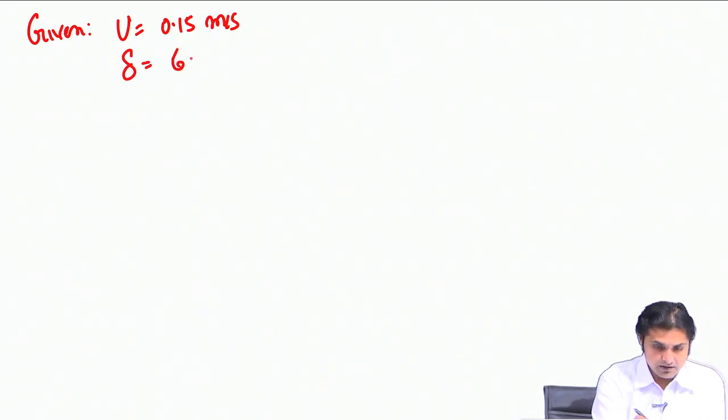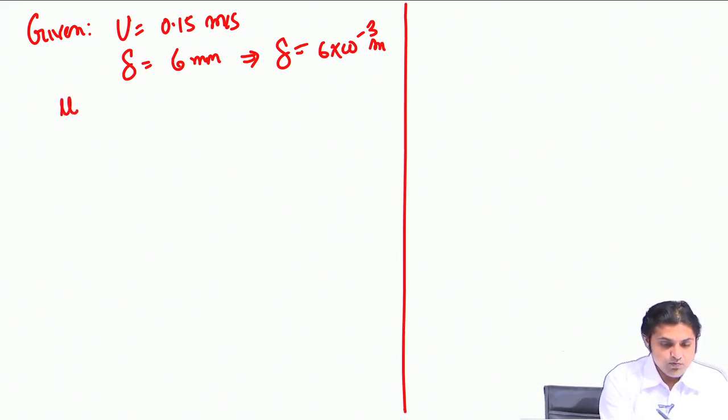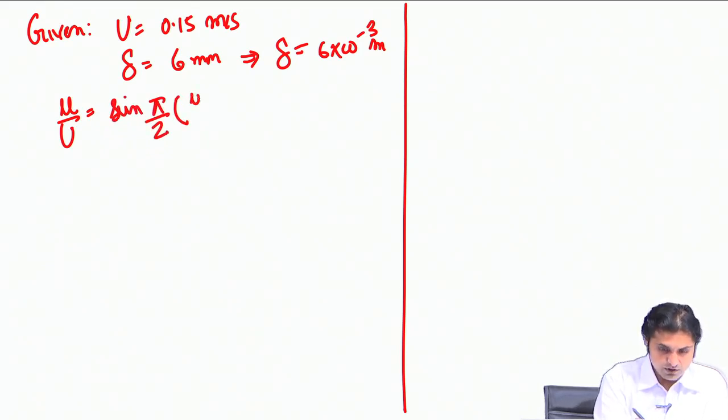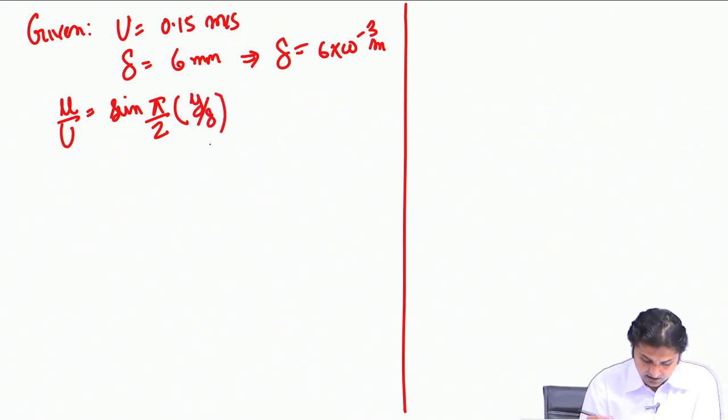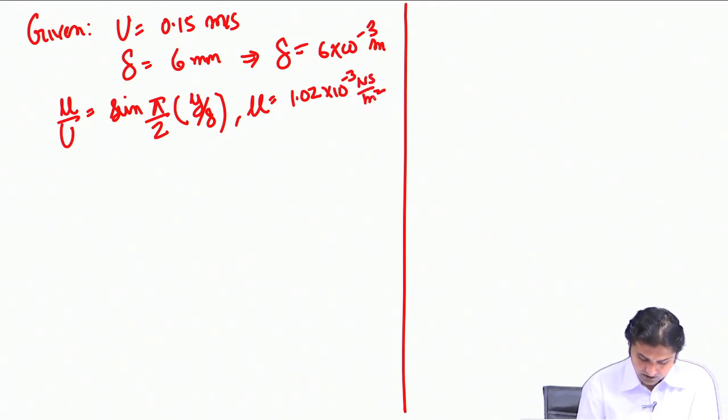Delta is 6 millimeters, or delta is 6 into 10 to the power minus 3 meters, for example, and U by capital U is sine of pi by 2 into y by delta. Okay, and mu here is given as 1.02 into 10 to the power minus 3 Newton second per meter square.